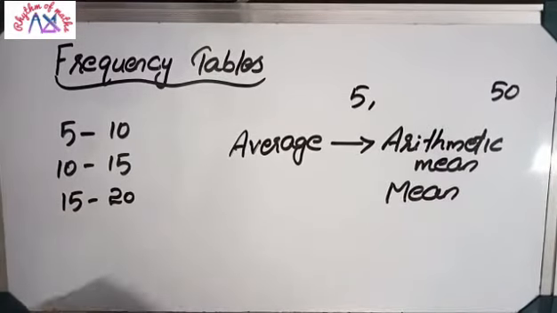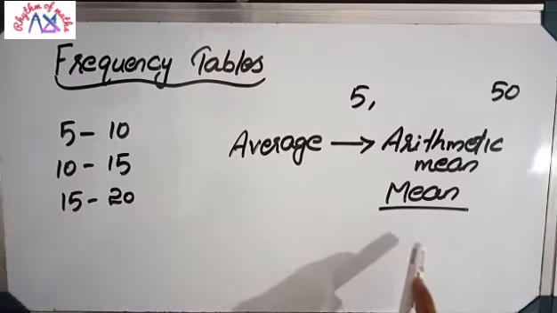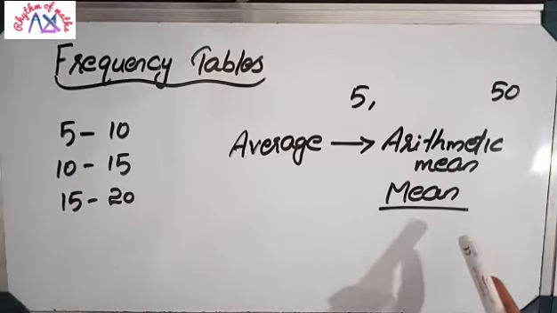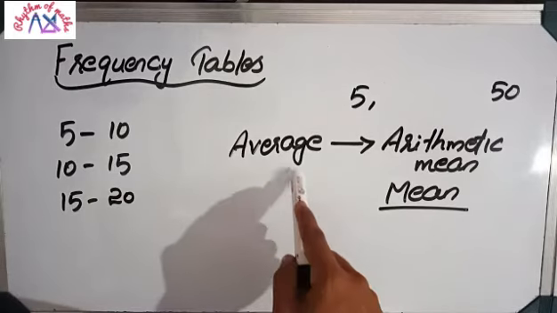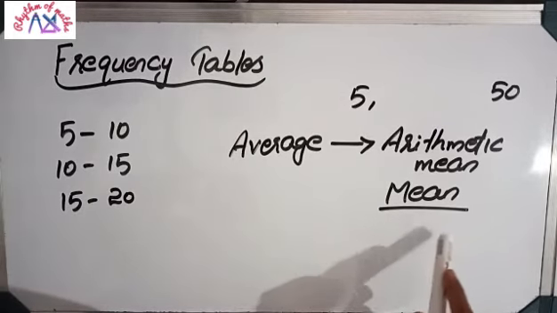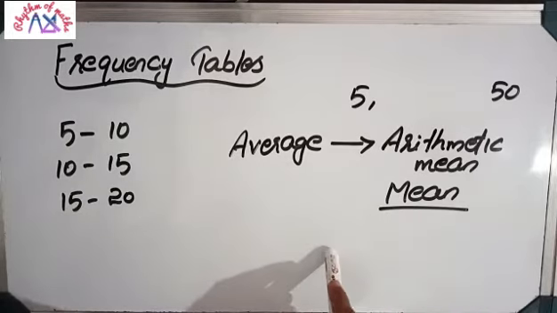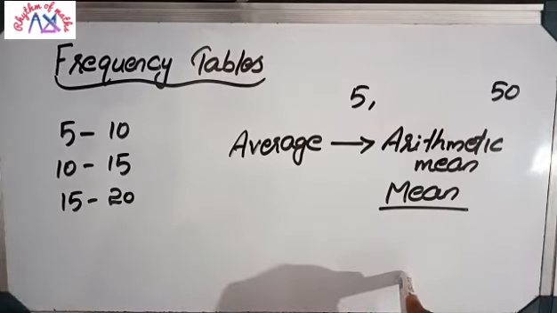Mean and median. Mean we are going to learn in this year. That means in 9th standard you have to learn about mean, and in 10th standard you will learn about median. So average is the same as mean. The equation is also the same: sum of the observations divided by total number. So let's do the problems from the second activity, that is page number 197 and 198.